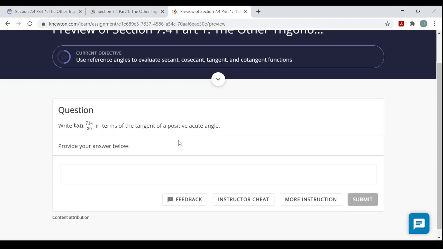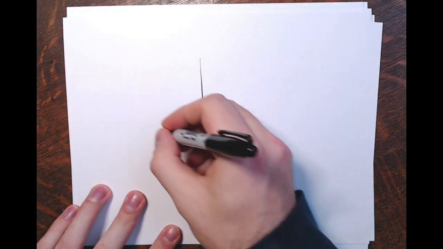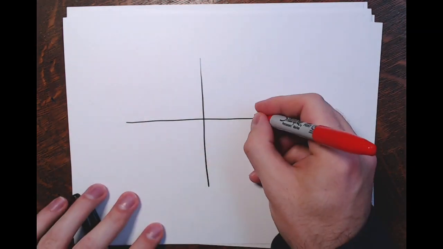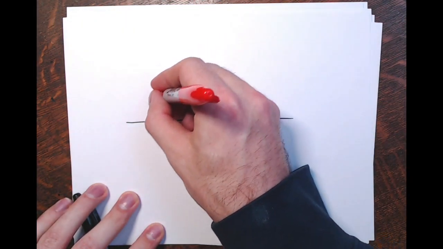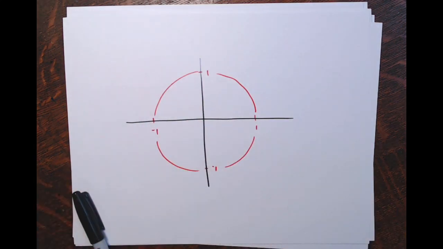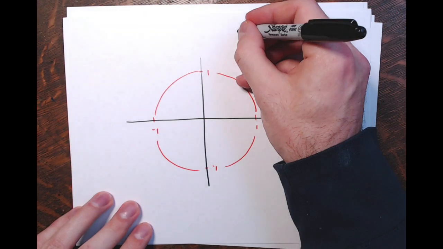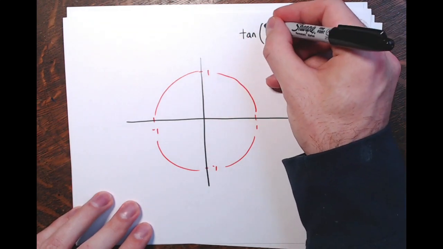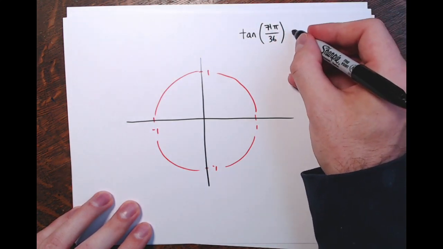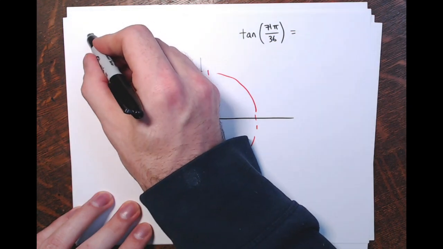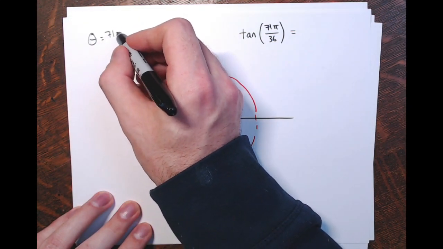So again, I'm going to pull up some paper and the unit circle if we need it. Now we're asked to rewrite the tangent of 71 times pi divided by 36 radians. So the angle I'm drawing here is 71 pi over 36.